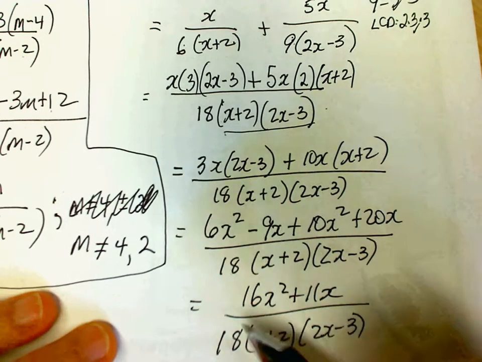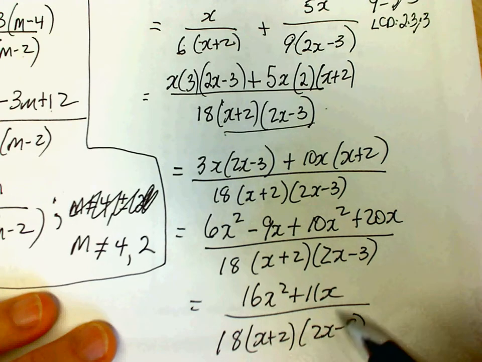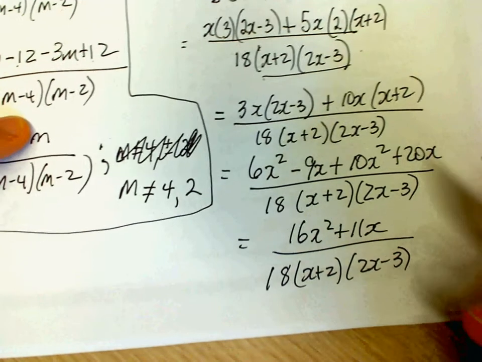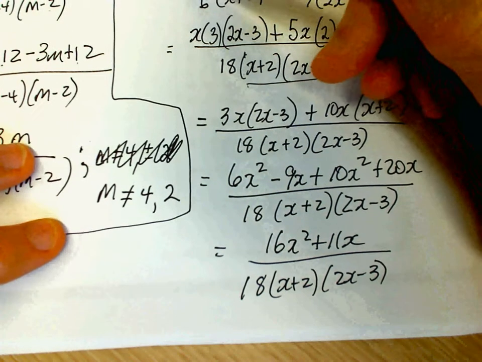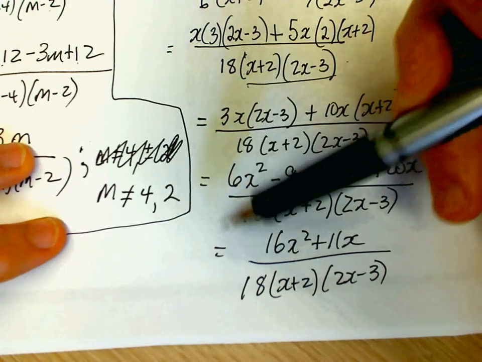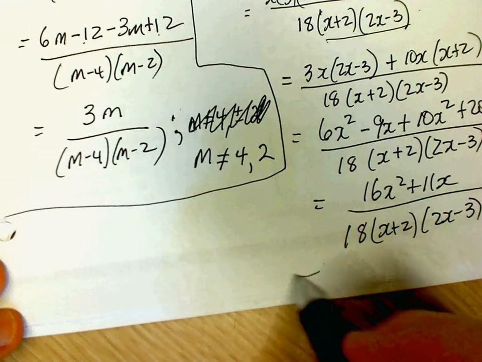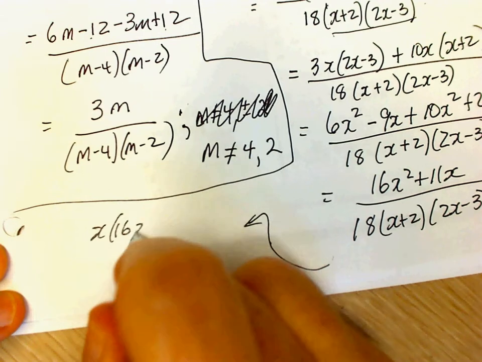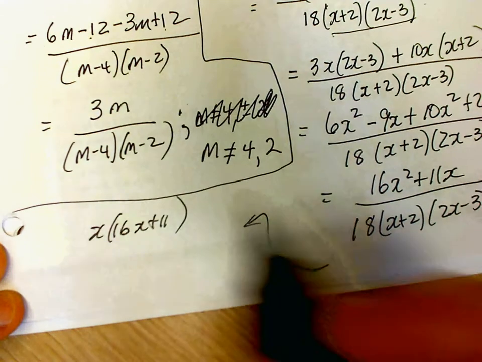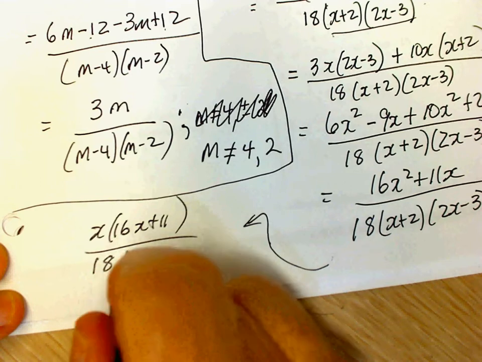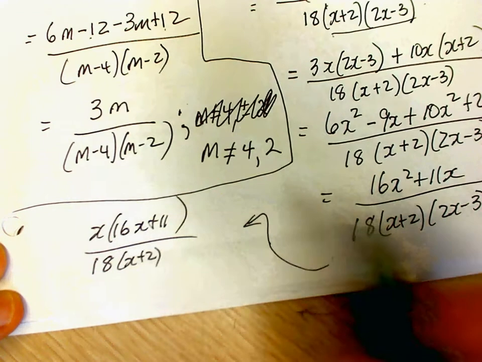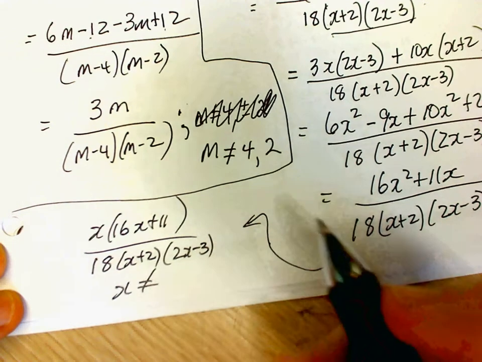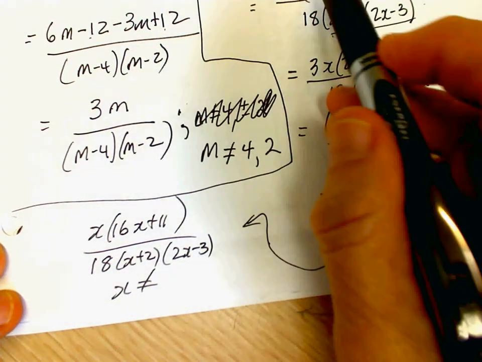We can factor out the x, but I don't think it will get us very far. Notice the rule is one equal sign per line. So I'm just going to continue here. x times 16x plus 11 over 18 times x plus 2, 2x minus 3. x cannot be negative 2 and 3/2.